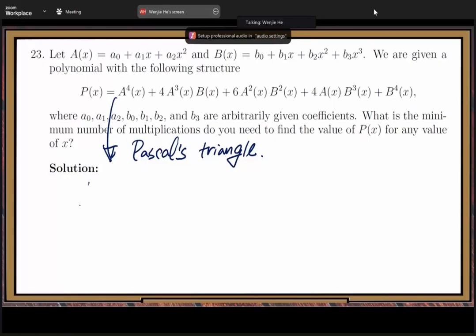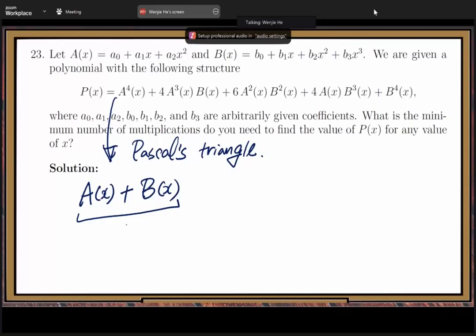Another step, then you may need to calculate A of x plus B of x. But when you calculate that, do not calculate the terms separately.